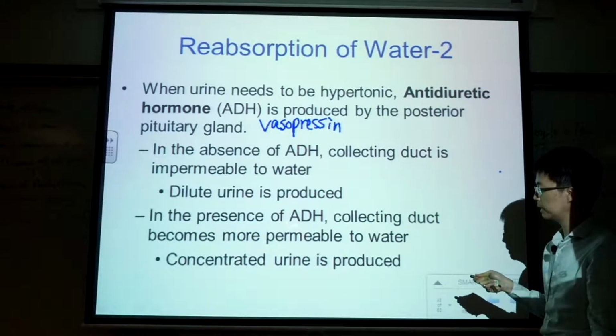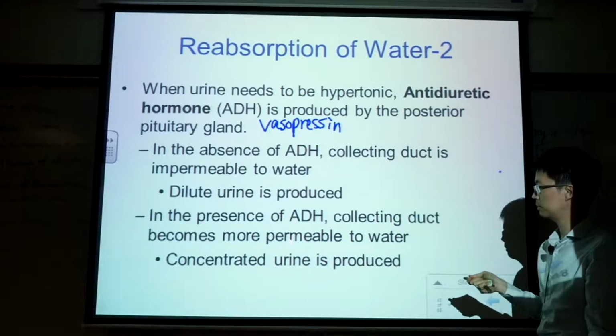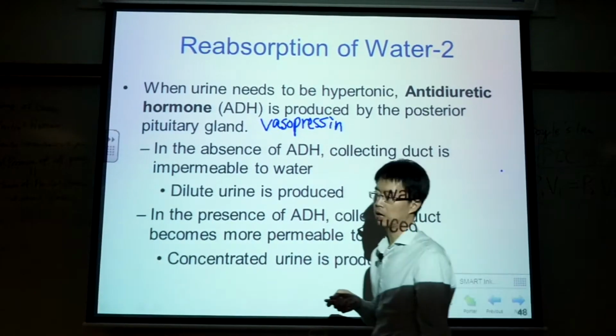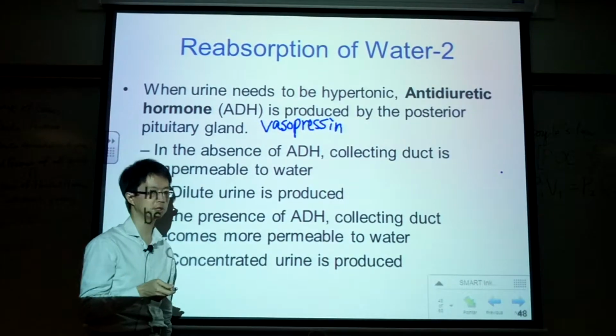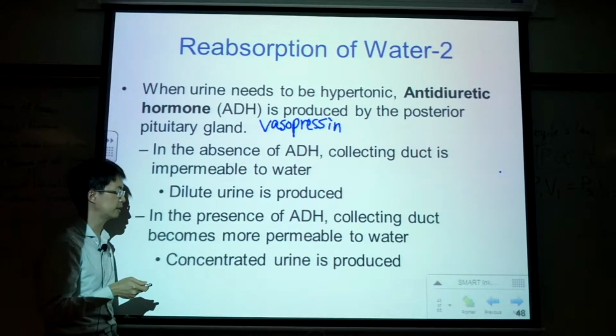But when you have ADH, the collecting duct will become permeable to water because of the aquaporin. Remember, aquaporin is the protein channel that transports water through the cell membrane.